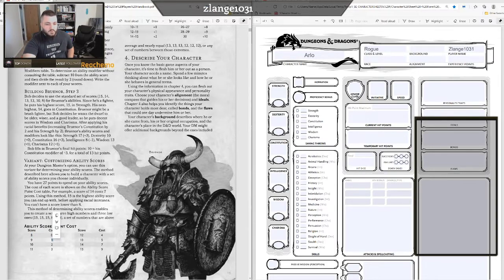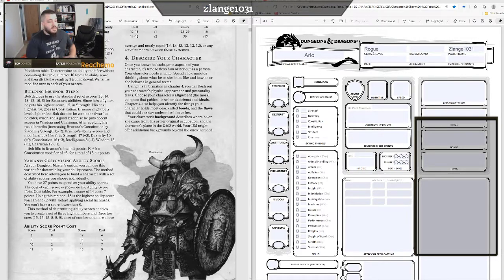So you can spend 1 point to get it up to 9, spend, I think it's 2 additional points to get to 10, and so on. Unless I'm mistaken, getting from 8 to 10 is 2 points, so it's like one point per number or something like that.